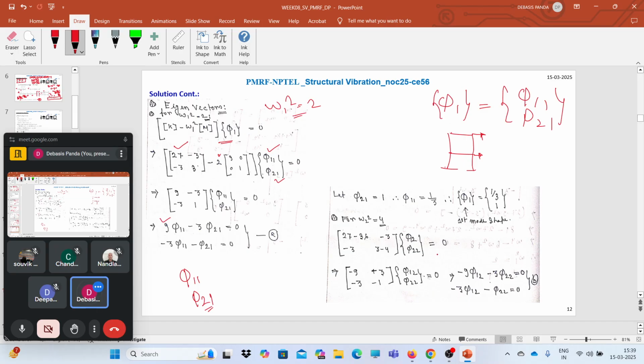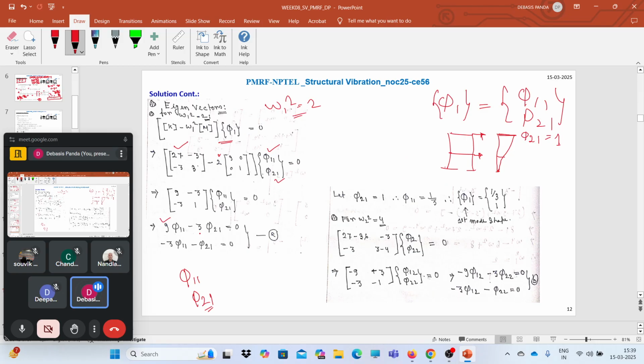So let's solve it. For this, the mode shape will look like this. We generally normalize the last degree of freedom, so we take the ordinate of the last degree of freedom, say here phi 2 1 is equal to 1.